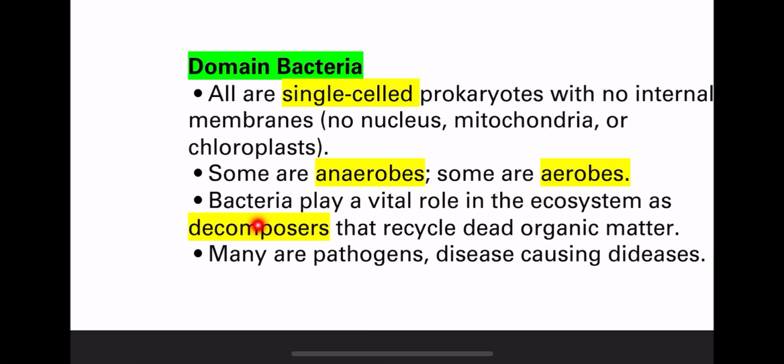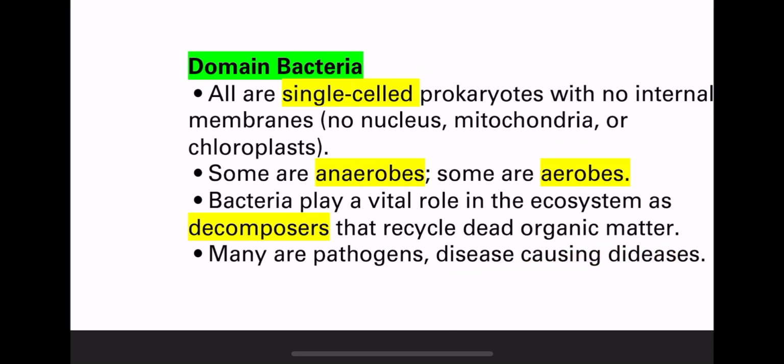Some of them play a vital role in the ecosystems, like decomposers. And of course, you know the meaning of decomposers. They are recyclers, or they break down organic matter. Some of them are pathogens. What's the meaning of pathogens?